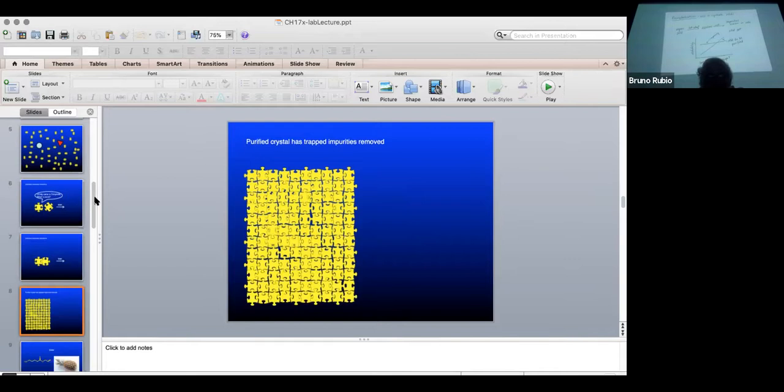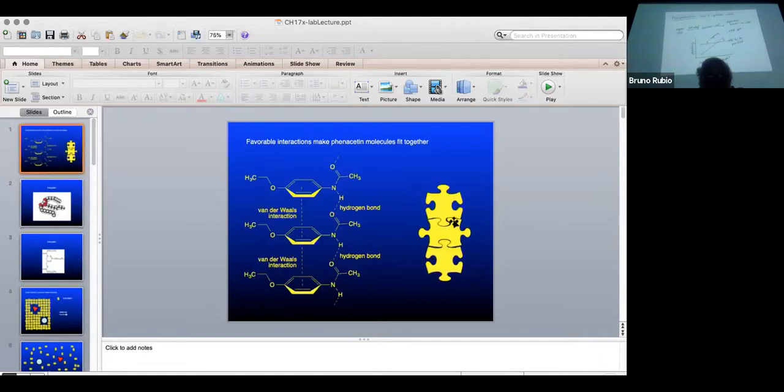And the mechanisms for this recrystallization, how do two molecules find each other? How do they know how to fit together? Well, there are various mechanisms for that. We have hydrogen bonds, and so molecules are stabilized by the formation of hydrogen bonds.